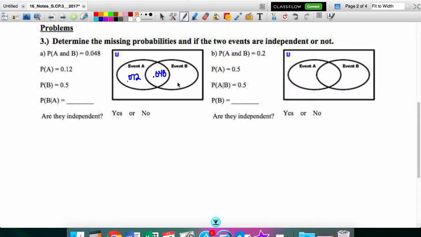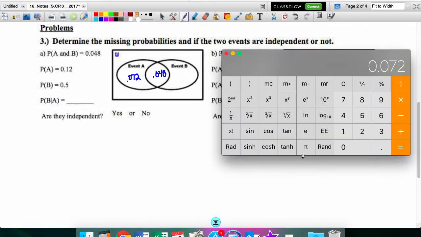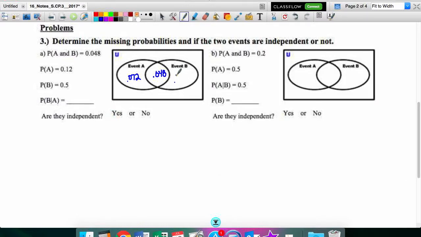I also have B, 0.5. And again, if I subtract the two, 0.5 minus 0.048, I can get what's in B but not the and, 0.452. Once again, this may or may not be necessary.